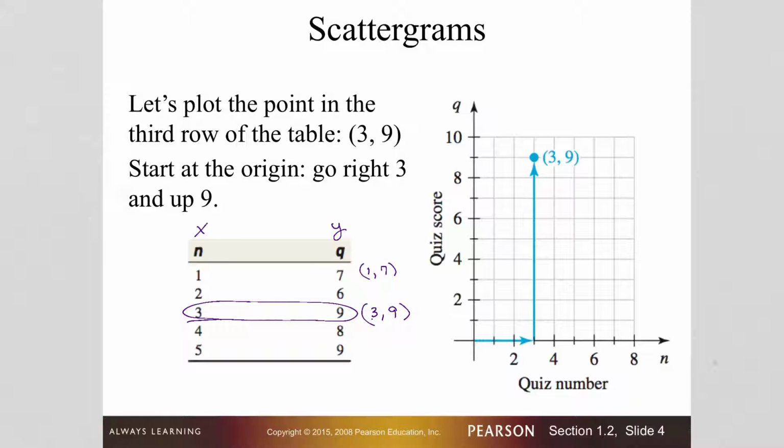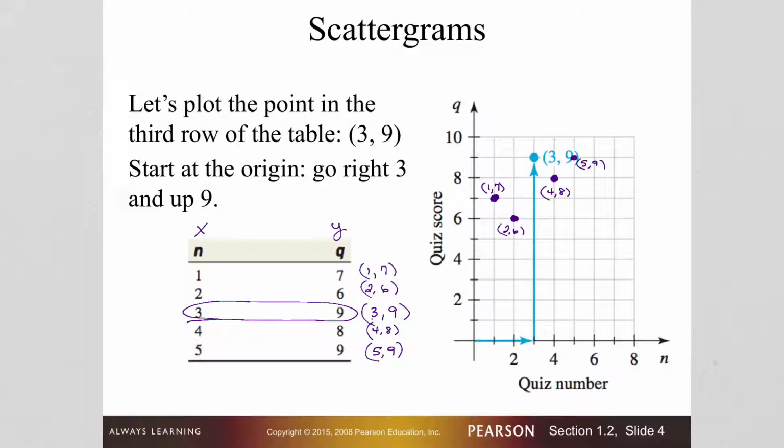So right 1, up to 7 is right here. 2, 6 means right 2, up 6, which is right here. 4, 8, right 4, up 8 is right here. And 5, 9, right 5, up 9 is right here.